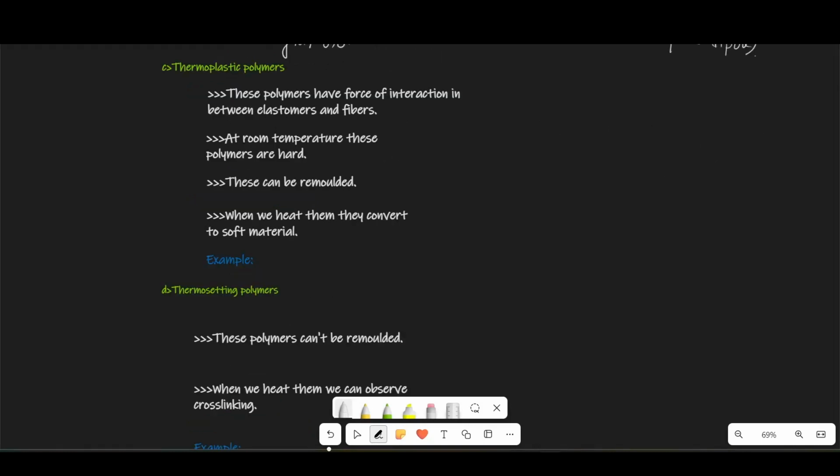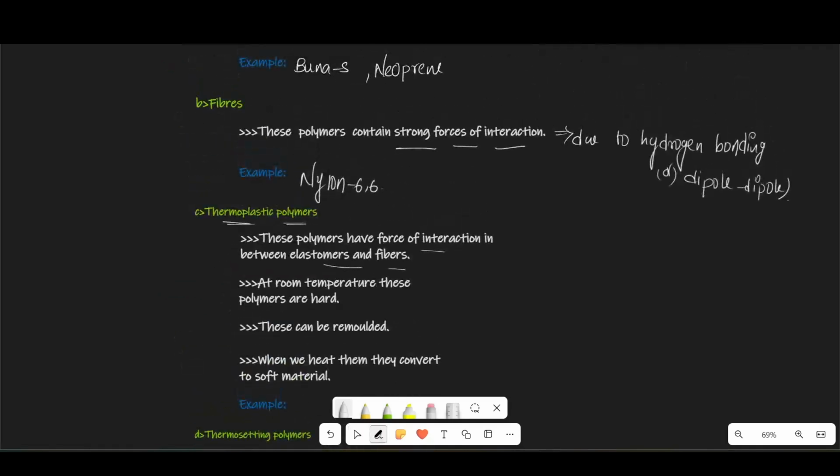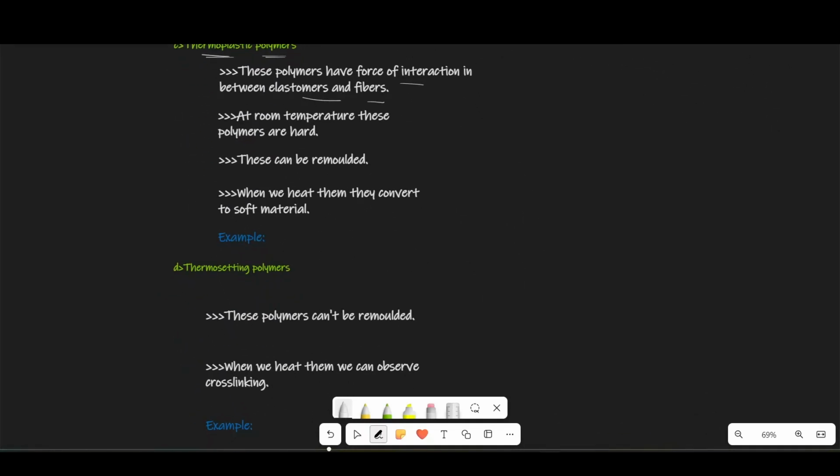The next one is thermoplastic polymers. These polymers have forces of interaction that are between elastomers and fibers. We have seen that elastomers have the weakest attractive forces and fibers have strong forces of interaction, so this is in between.